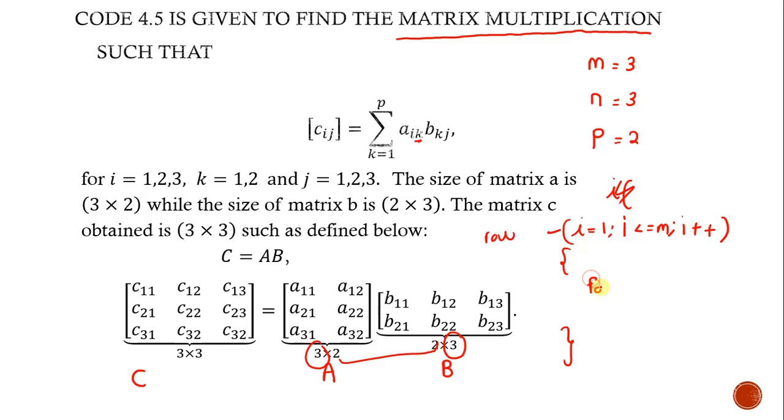I need another for loop here: for j equals 1, j less than or equal to n, and j plus plus. So this is for my column.